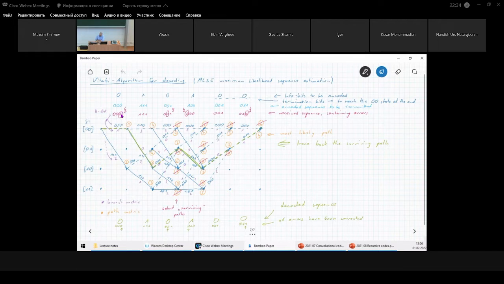So if we look at our example, I assumed we transmitted this blue sequence here, a valid sequence that is generated by this shift register from our example. But what we observe at the receiver is this red sequence here, where probably some errors are contained. And we will see how the Viterbi algorithm will deal with this kind of errors.